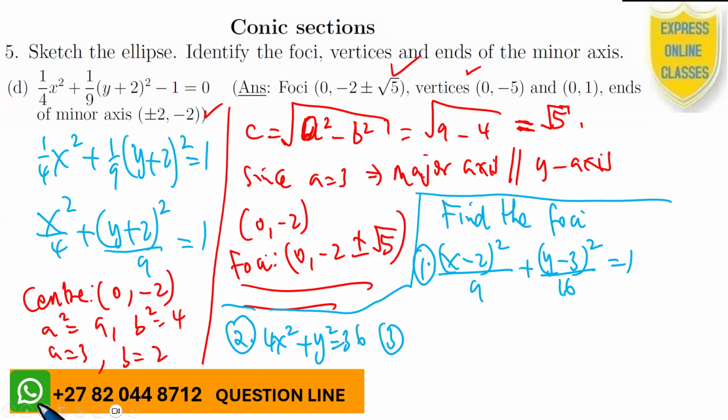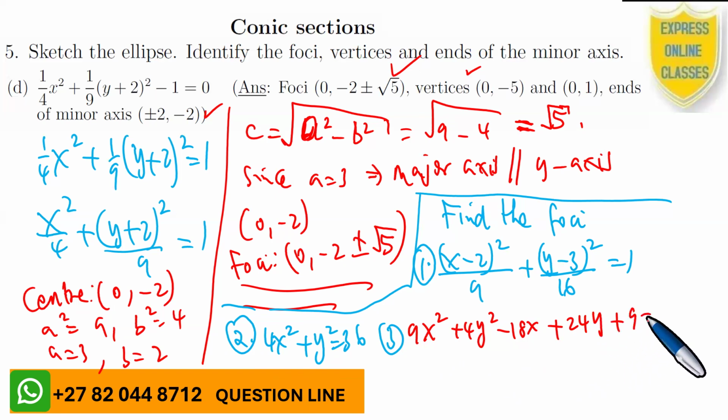You can try these 2 problems that can come in the test: 9x squared plus 4y squared minus 18x plus 24y plus 9 equals 0.